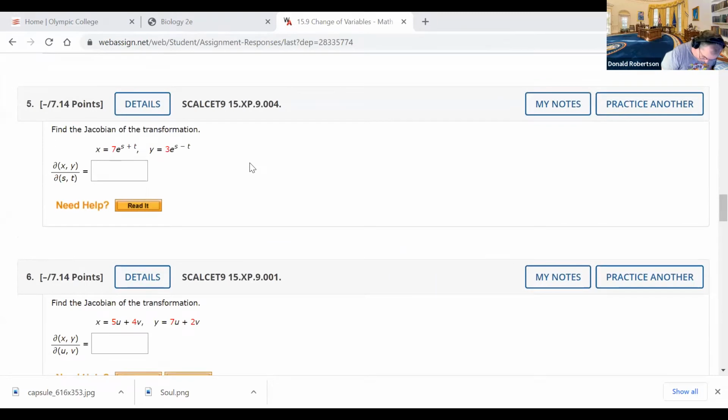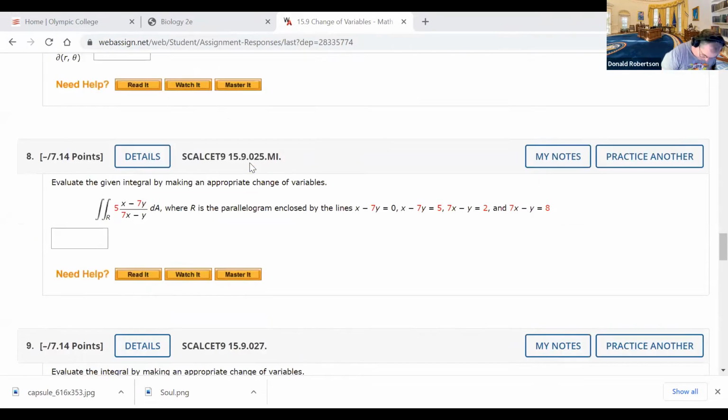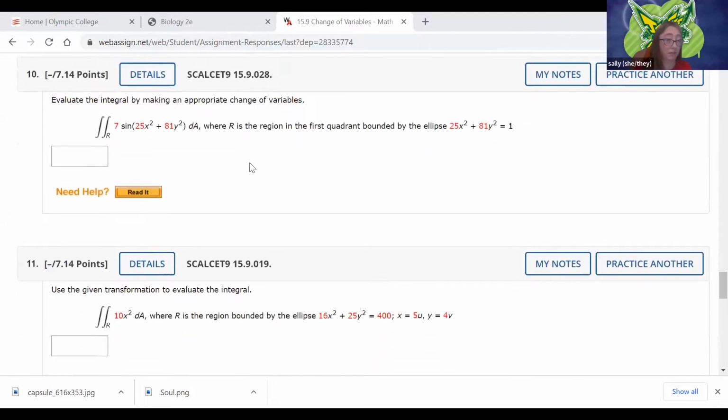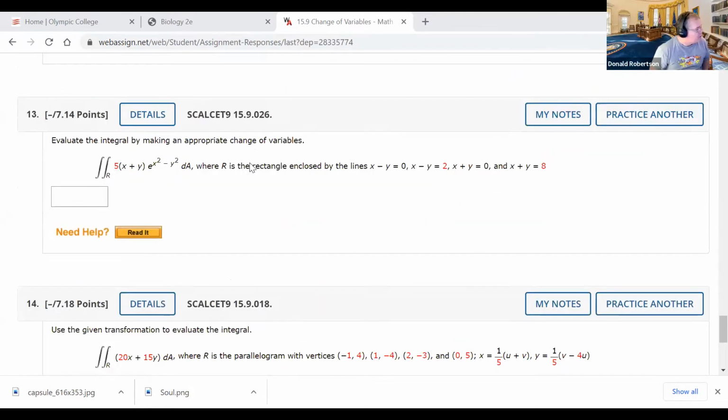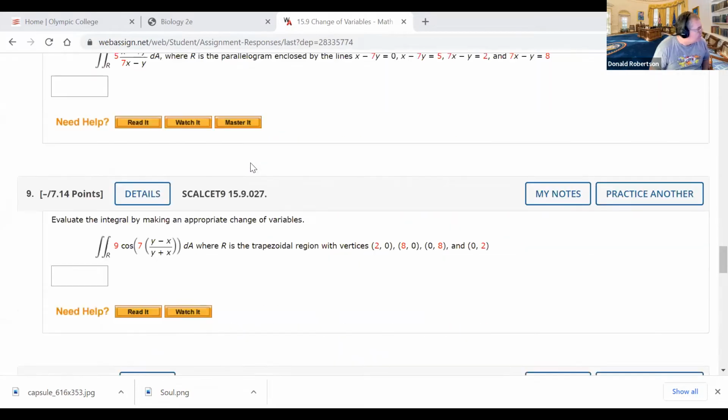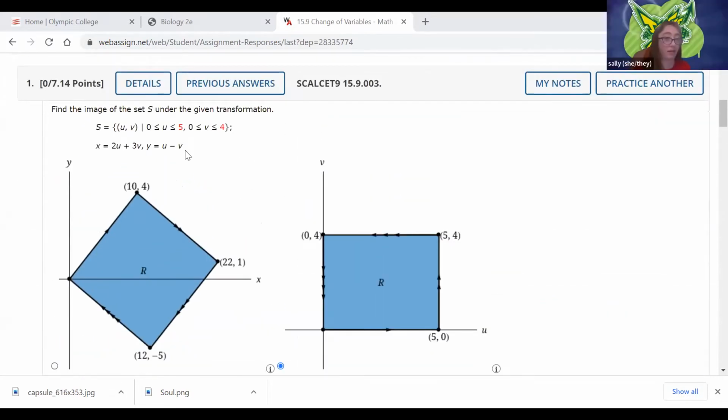Right, so that's where we're going to go. Yeah, these are the ones I'm looking at in front of me as well. So we are in the same spot. We've got a couple of questions at the top that have a graph, and a couple of transformations, and then we have some at the end, which are just the typical ones. Okay, yeah, I'm cool. I know what I'm doing.